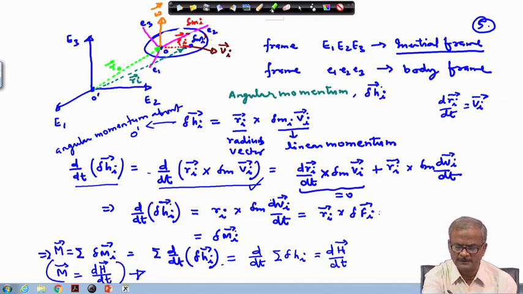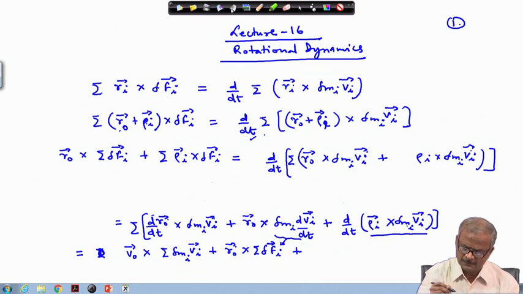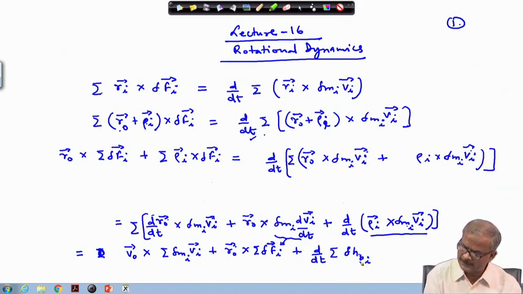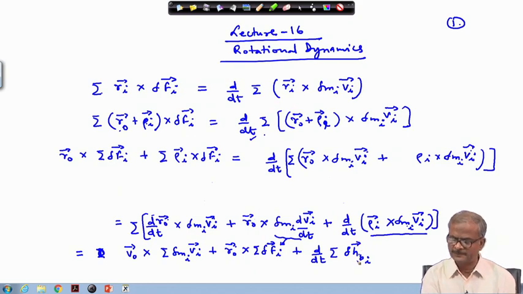So this quantity can be written as d by dt of the summation of delta H_Bi. B stands for the body frame; this is with respect to the body frame, or point O. There is a difference.